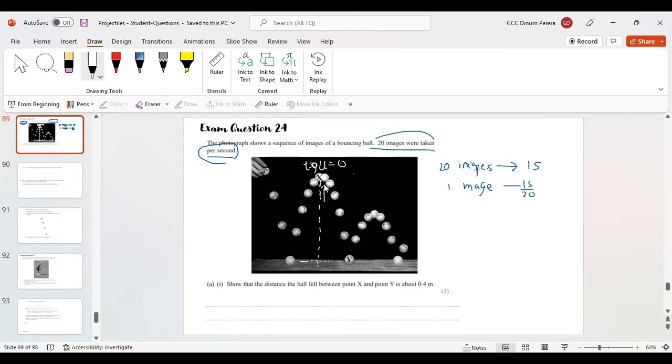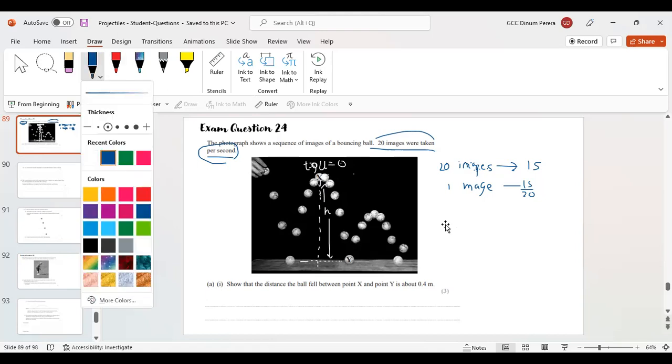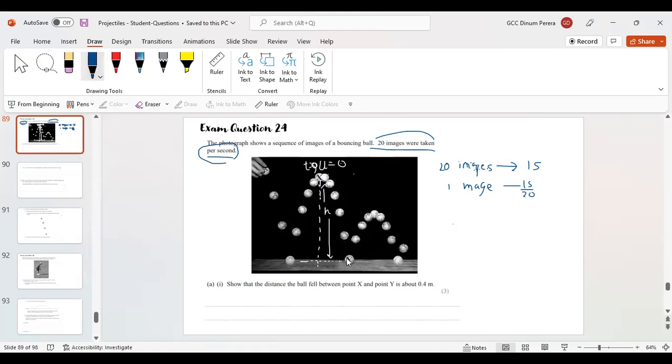The time taken to reach the ground from the maximum height can be found using the number of images. There are 1, 2, 3, 4, 5, 6 images starting from the maximum height. So there are 6 gaps. There are actually 7 images starting from the beginning, and there are 6 gaps.